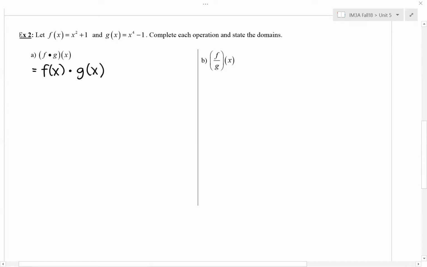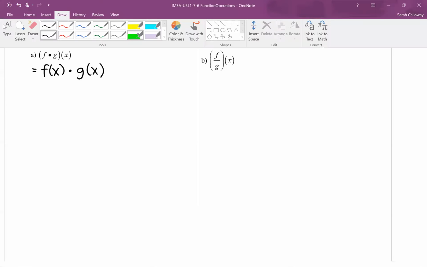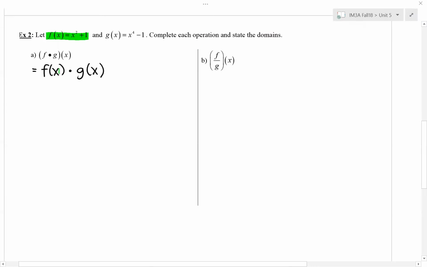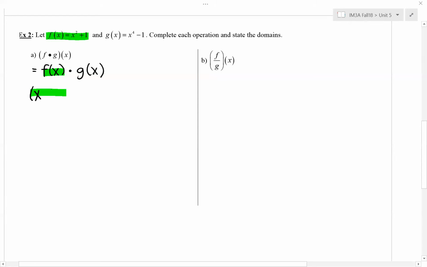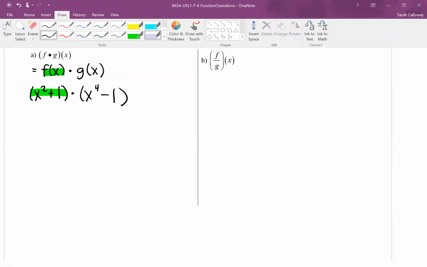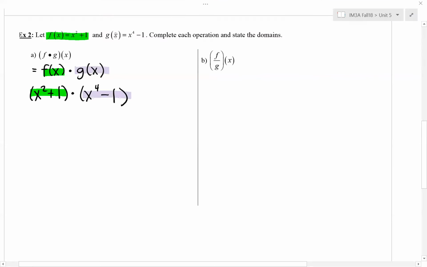So I'm going to take f of x, which in this case is x squared plus 1, and I'm going to multiply it times g of x, which in this case is x to the 4th minus 1. So I'm taking f of x and multiplying it times our g of x.